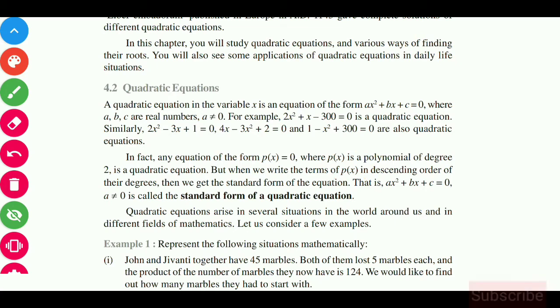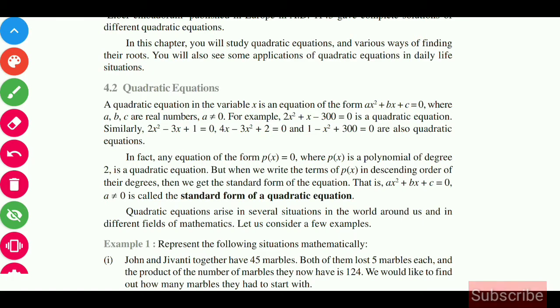You can notice here 4x minus 3x square, 1 minus x square, 2x square minus 3x. All these three equations have a different order of the terms having degree 2.